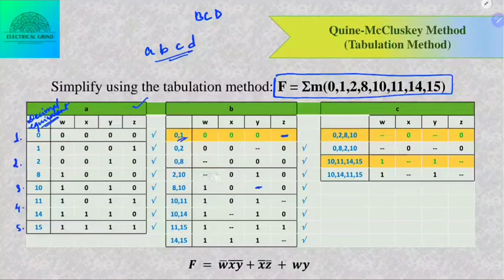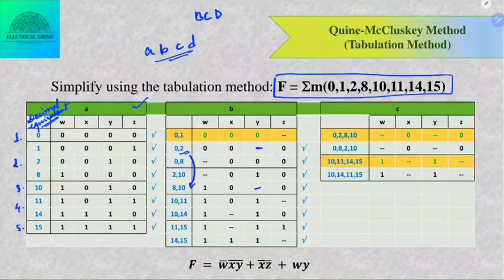Again for 0, 2 and 2, 10, the dash positions are unmatched. But in the case of 0, 2 and 8, 10, the dash positions are matching. So where do we have dash positions? Here and here.